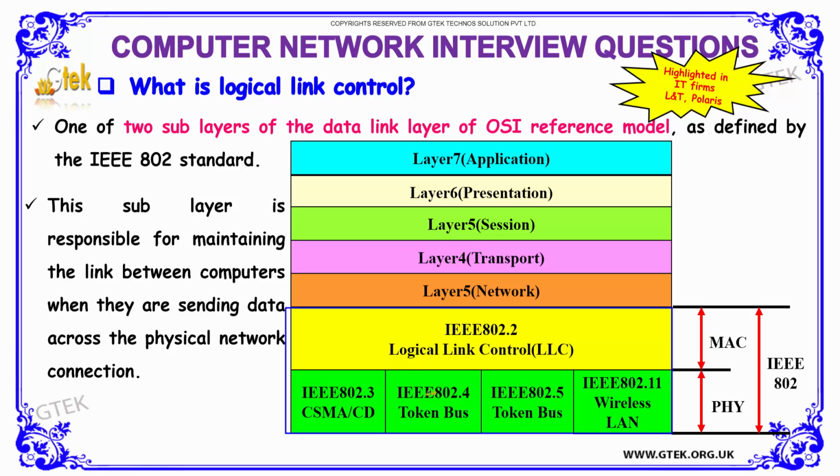So one of the sublayers of your data link layer is your logical link layer. This sublayer is responsible for maintaining the link between the computers when they are sending the data across a physical network. So to establish and maintain the connection, logical link control or LLC as abbreviated is used.